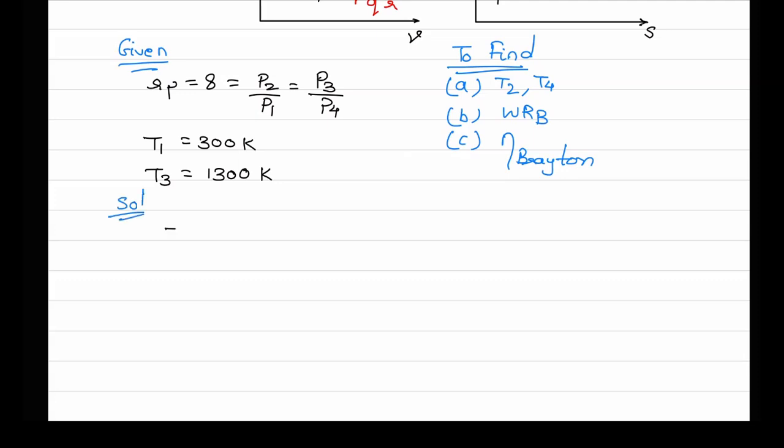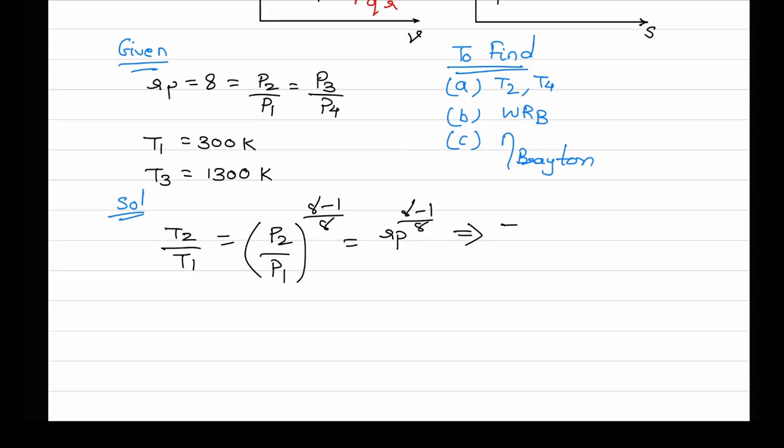T2 by T1 is equal to P2 by P1 raised to gamma minus 1 upon gamma, and P2 by P1 is Rp. So Rp raised to gamma minus 1 upon gamma. Gamma for air we have to assume as 1.4. So from here I can write T2 is equal to Rp raised to gamma minus 1 upon gamma into T1.